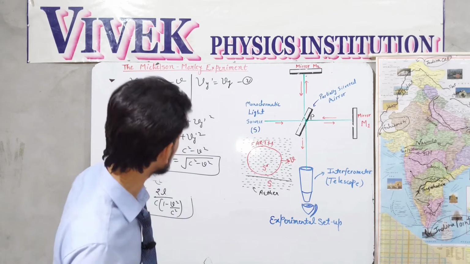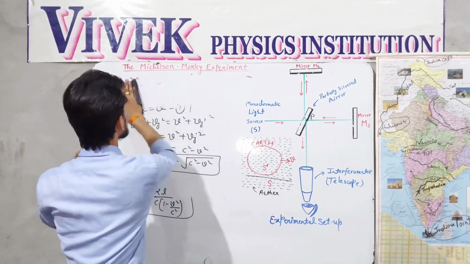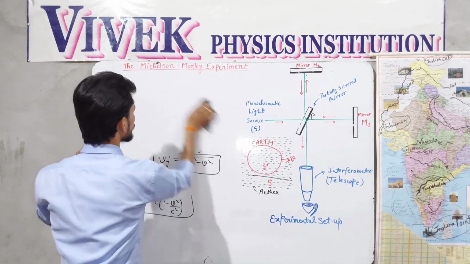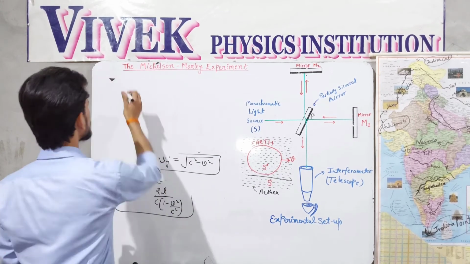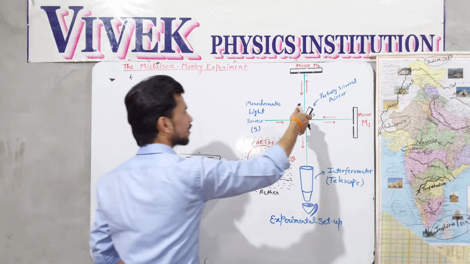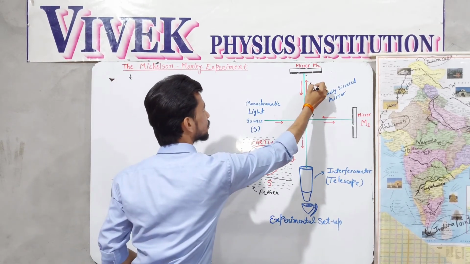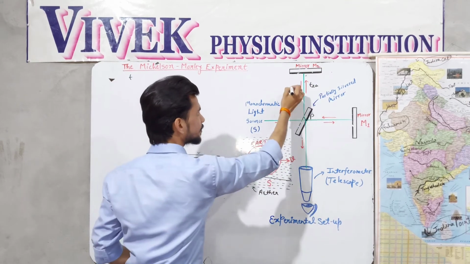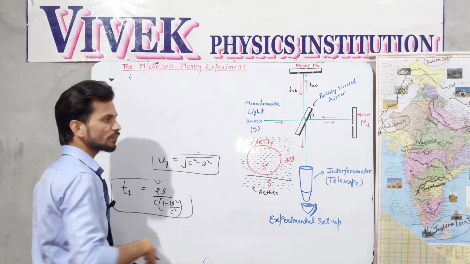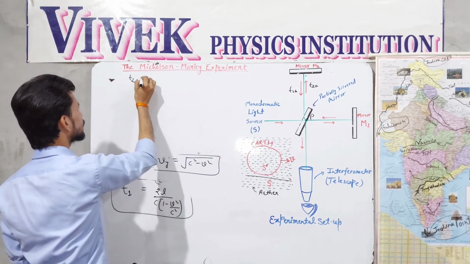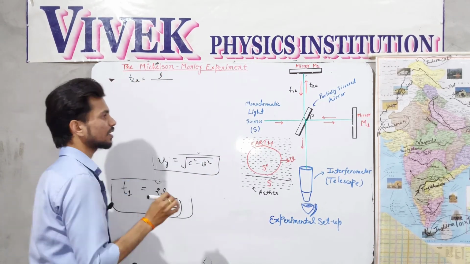Now I can easily find the time taken by the ray towards the y-axis. Let's say the time taken by the ray towards the y-axis for this arrow is t2a and this is the time t2b. In the positive y-axis I will take the time t2a, which equals L over the velocity.